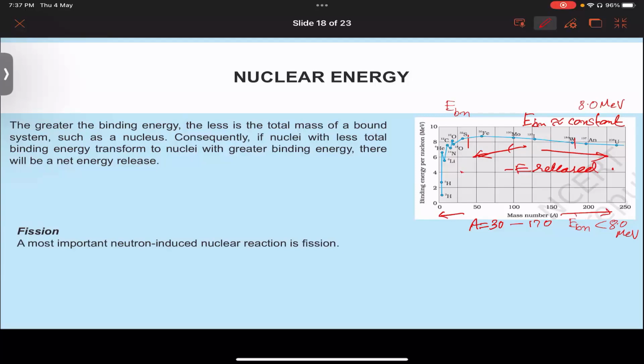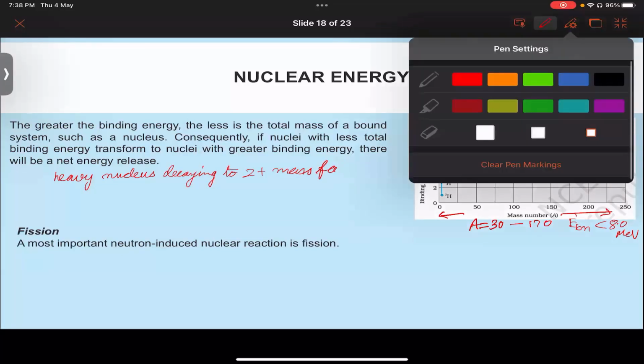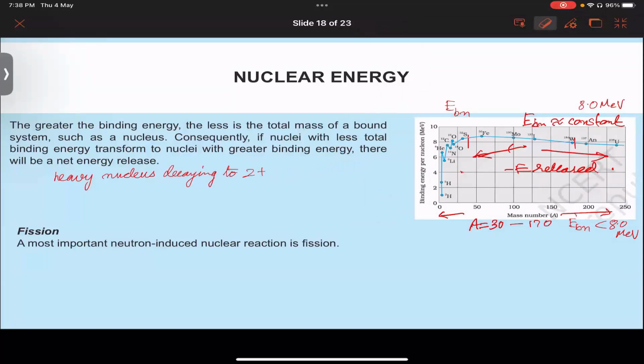Energy will be released. So when this happens, if you have a heavy nucleus decaying to two or more nuclei masses, this is actually fission.